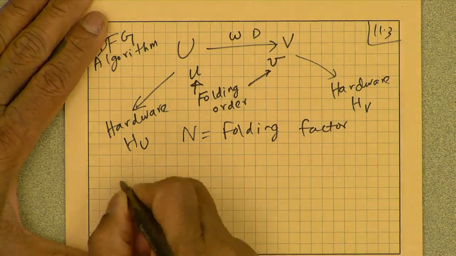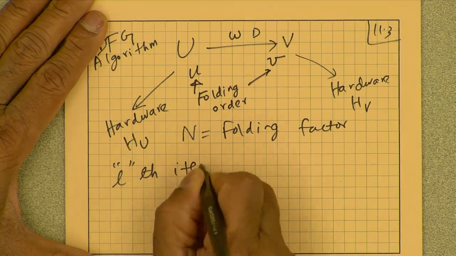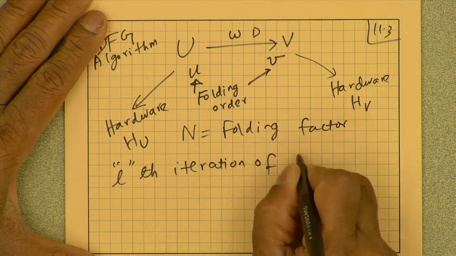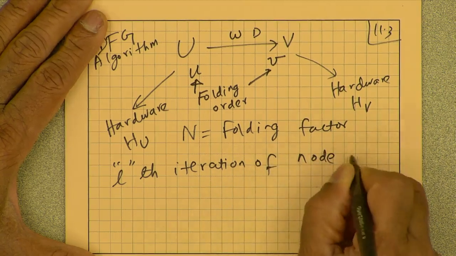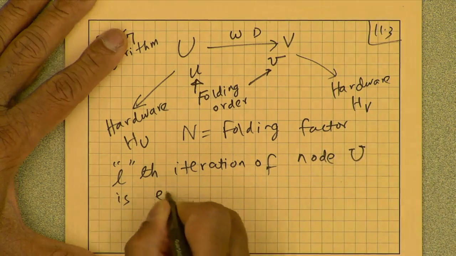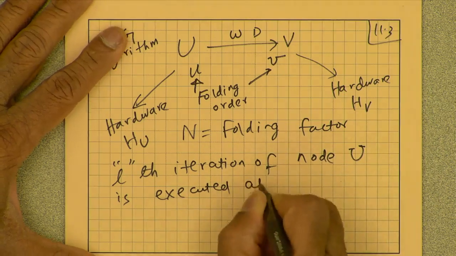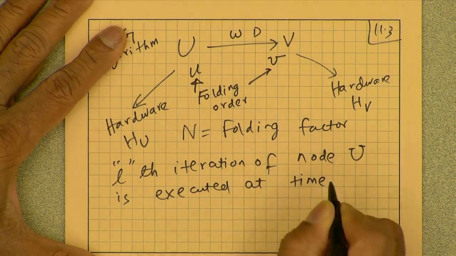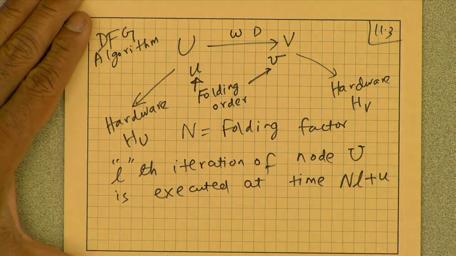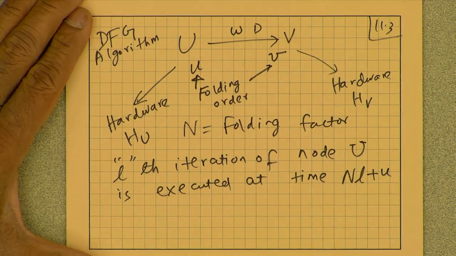Okay, so now I am ready to say that the nth iteration of node U is executed at time n times L plus lowercase u. Think about what I am saying.